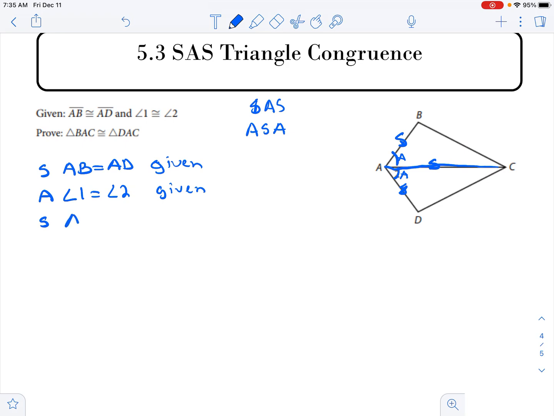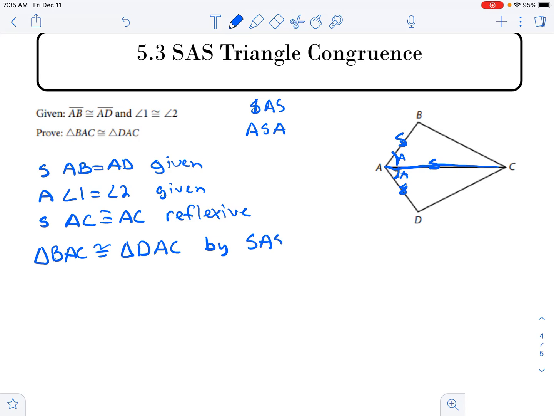And now I know that AC is congruent to AC because of the reflexive property. And so now I can say that triangle BAC is congruent to triangle DAC. And that would be by side angle side.